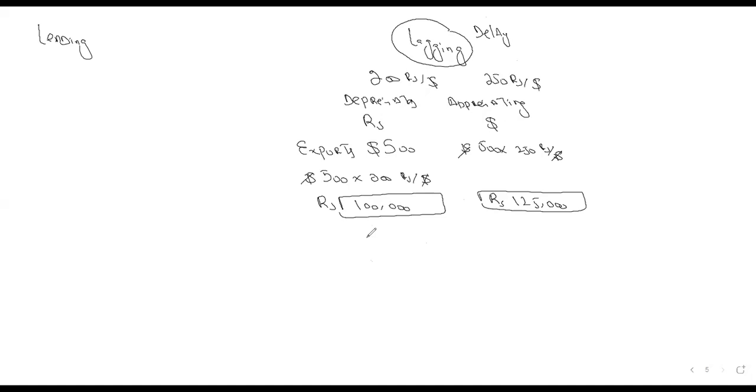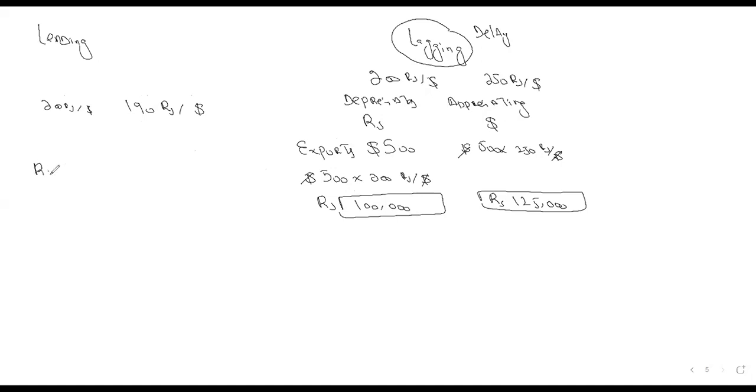Okay. And for example, let us say the rate was 200 rupees per dollar and now it is going to be 190 rupees per dollar. The same exports, $500, I have to.